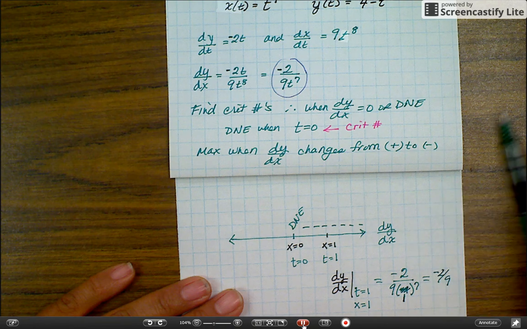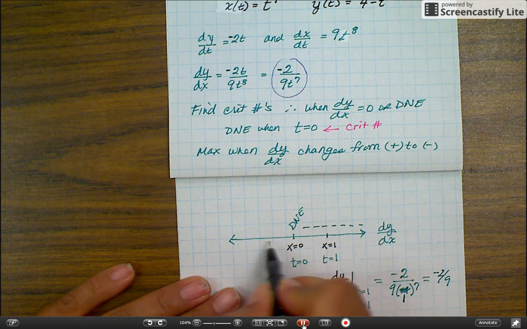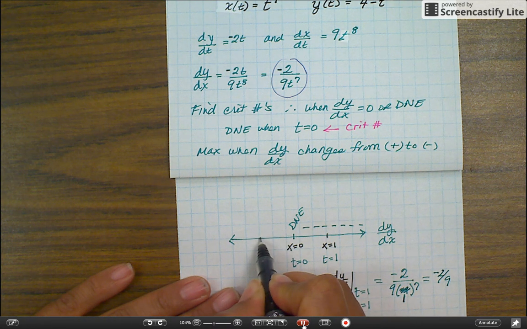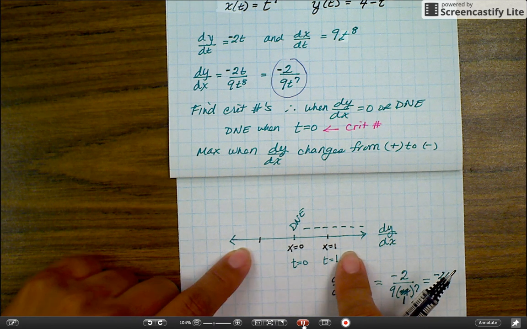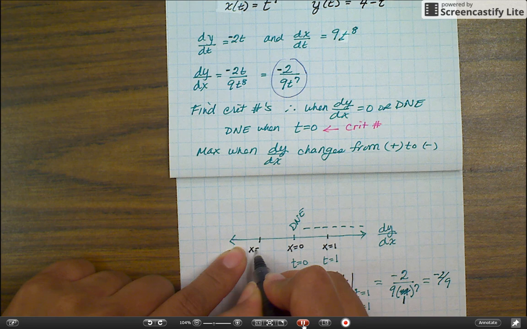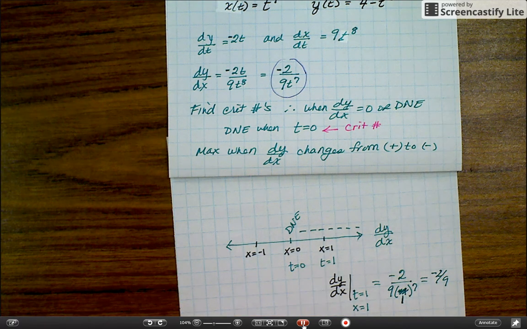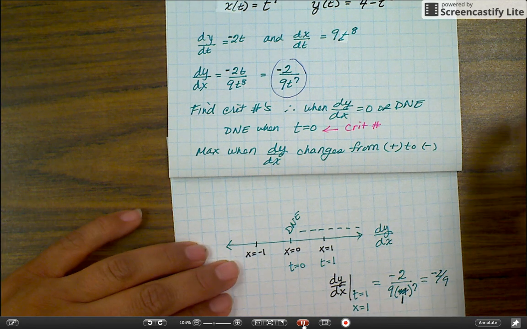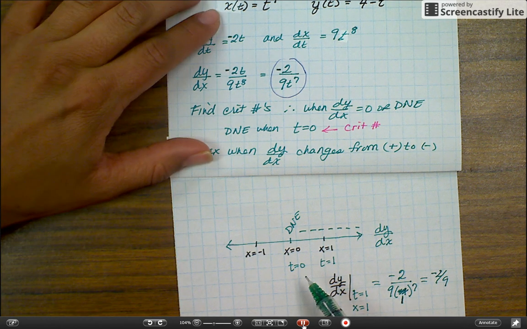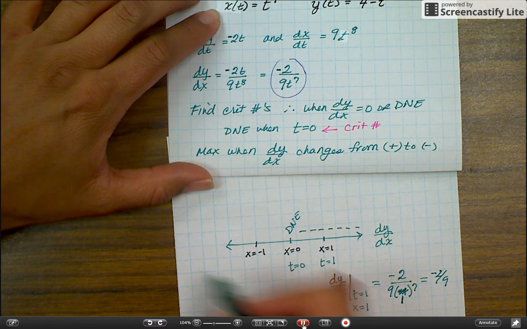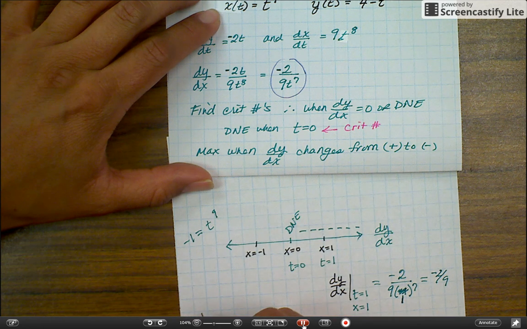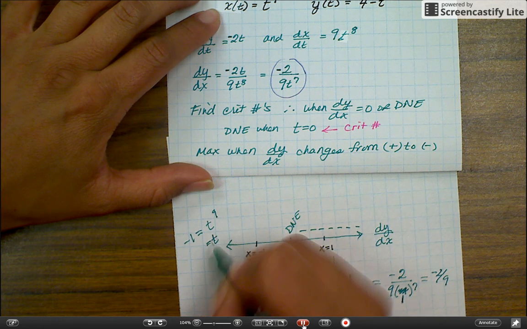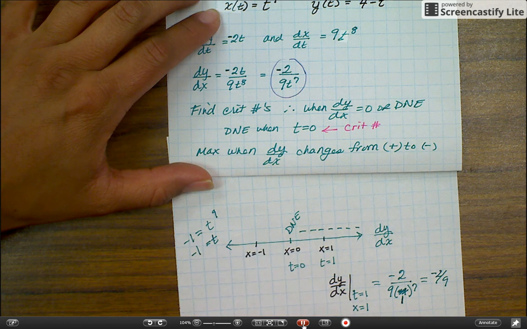So now let's find out what happens when you go to the left of this. Let's say x equal to negative 1. These ones, negative 1, positive 1, seem to be easy to work with. If x is negative 1, then negative 1 is equal to t to the 9th. So what does t have to be? T has to be negative 1 if I 9th root it.